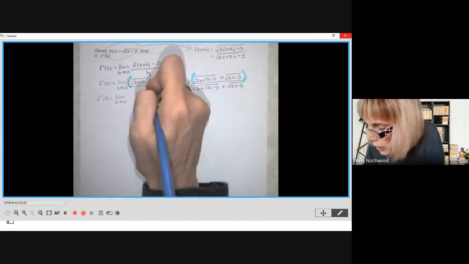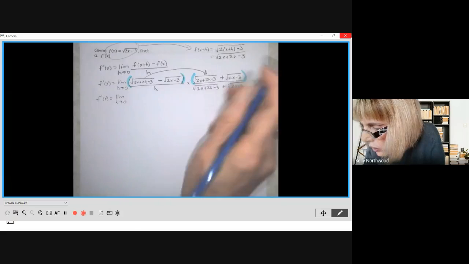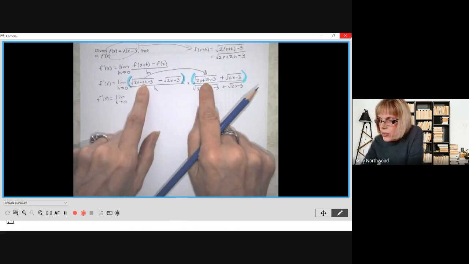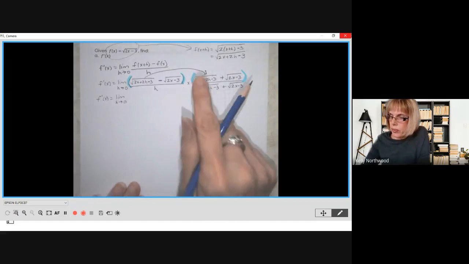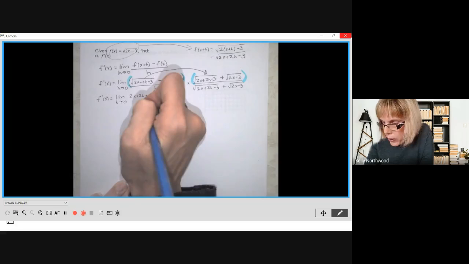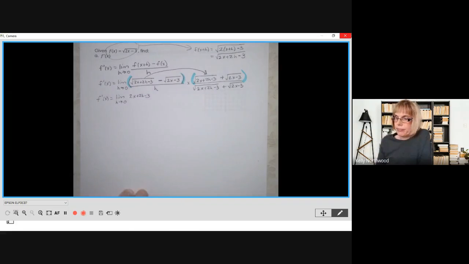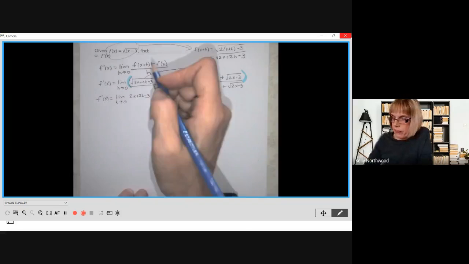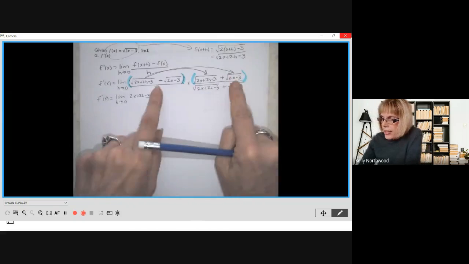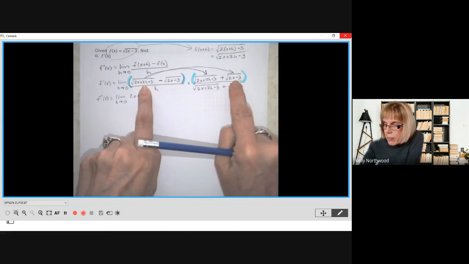All right, so when we multiply first by first, we're multiplying two roots that are exactly the same underneath together. So we're just squaring it, which undoes the square root. So we're just left with 2x plus 2h minus 3. So there's our firsts. When we multiply our outsides, these radicals are not the same underneath.